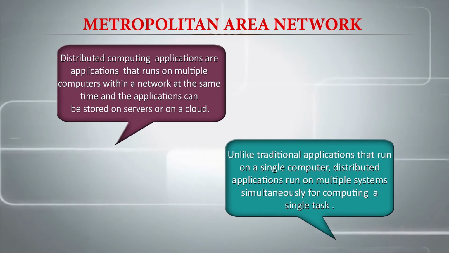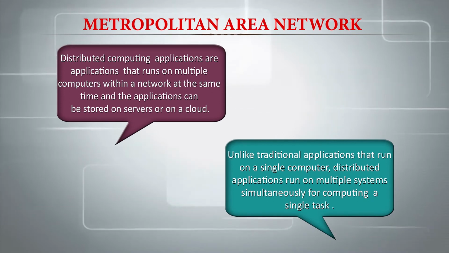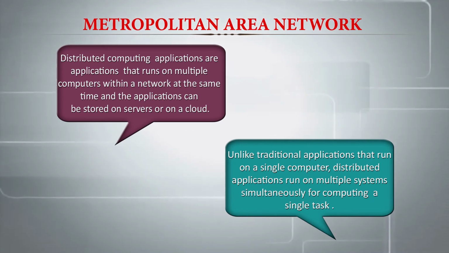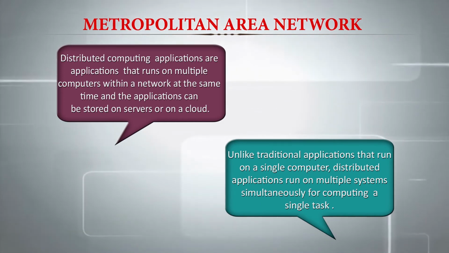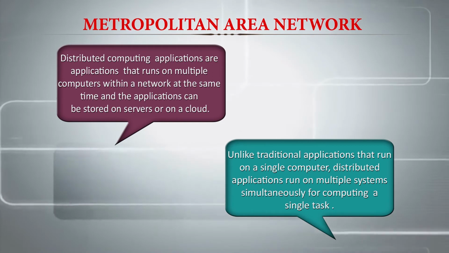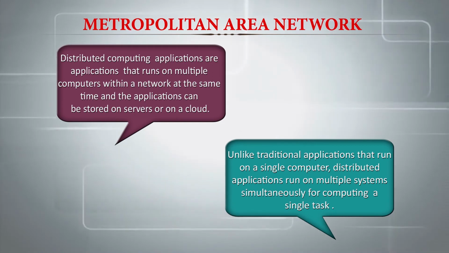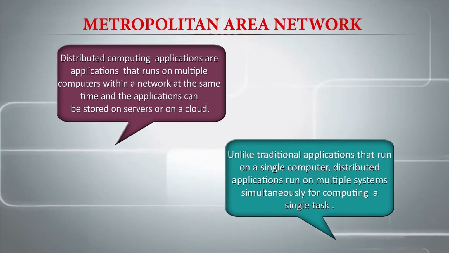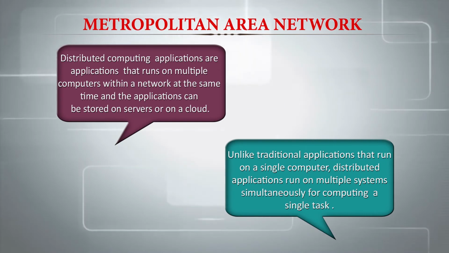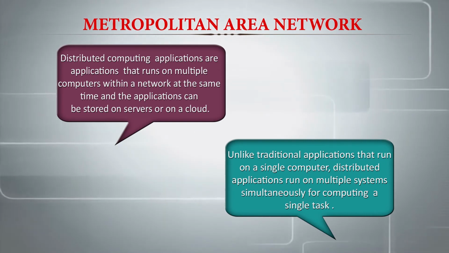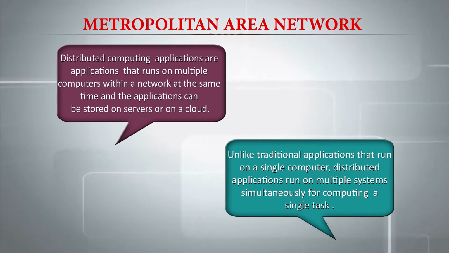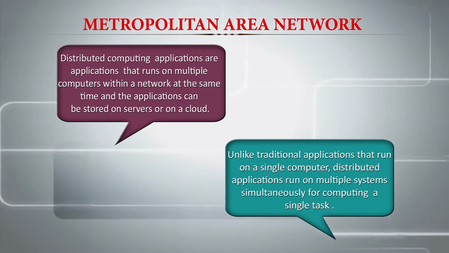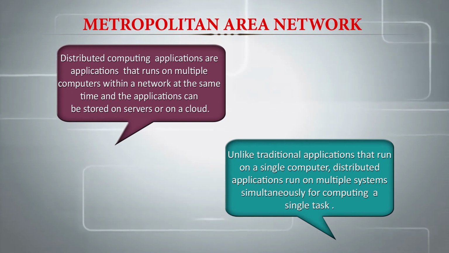Unlike traditional applications that run on a single computer, distributed applications run on multiple systems simultaneously for computing a single task. So traditional applications run on a single computer, whereas distributed applications run on multiple machines.